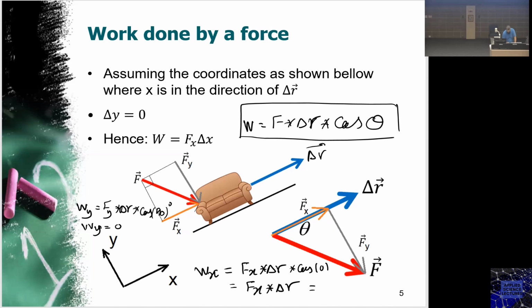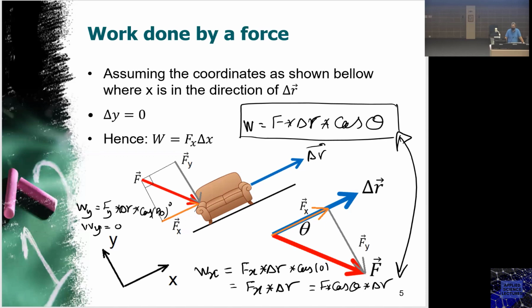So I can say that this is F cosine theta delta R. Isn't this the same as this? They're the same, right? What does this tell you?